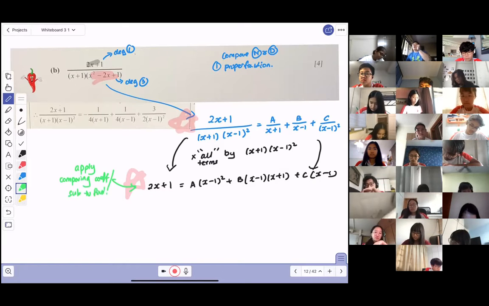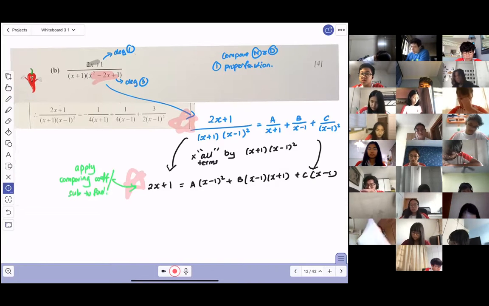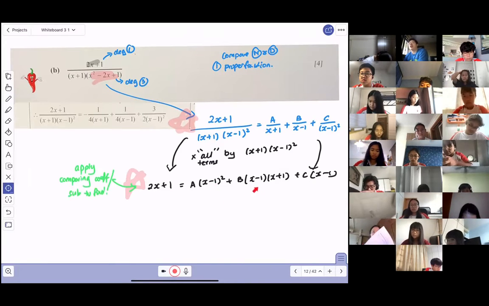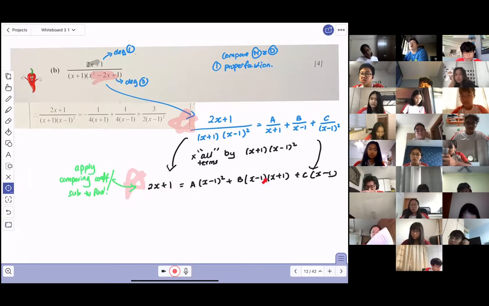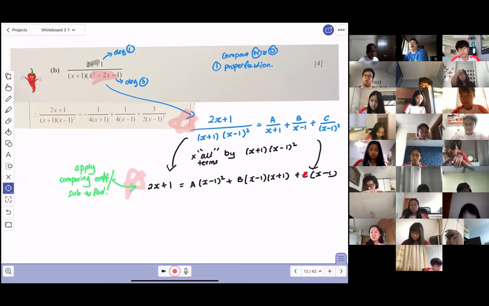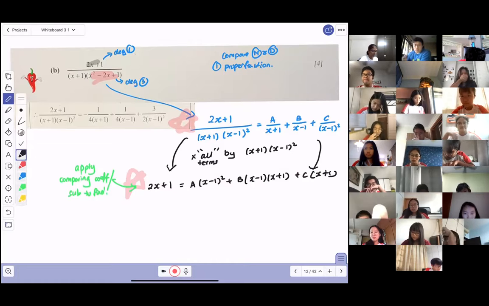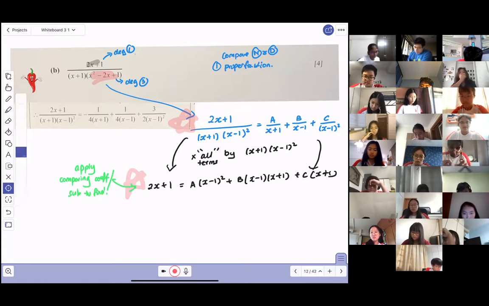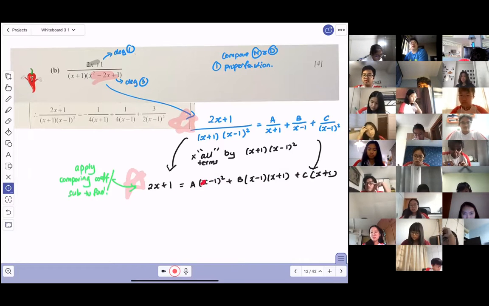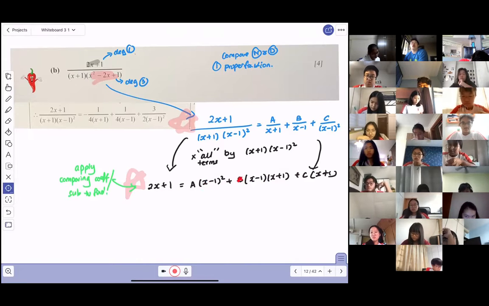Okay, so if we look at this, if you see x minus 1 appear, a very good trick: if you sub x equals 1, these two will pass away. Okay, the moment I sub x equals 1, this one dies, I'm left with C. Oh, sorry, careless mistake. Okay, this is plus 1. So the moment I sub x equals 1, you notice that A and B will disappear because 0, 0.